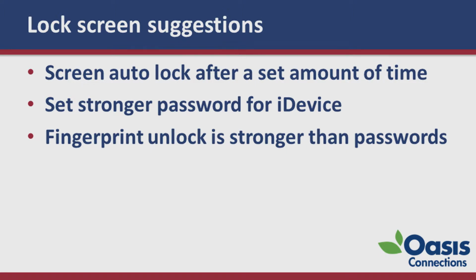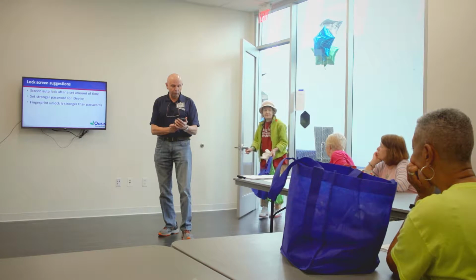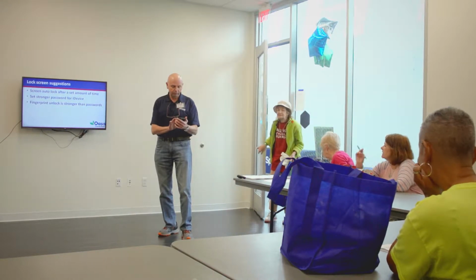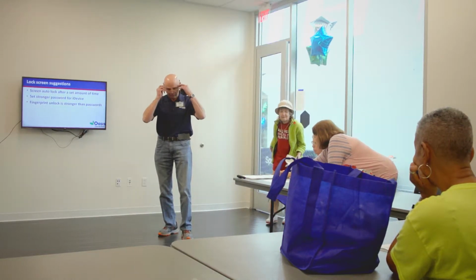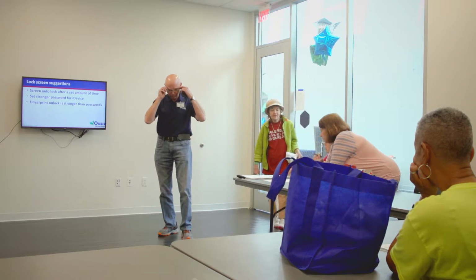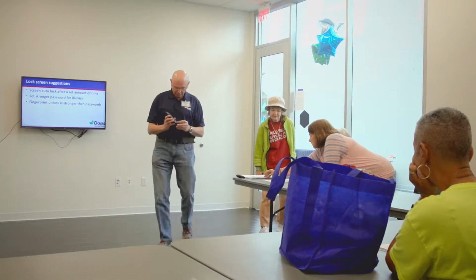The other thing is, you should have your screen auto lock. You can set your screen to where it never locks automatically, but that's another feature that's not going to be safe and is not going to be secure. So to do that, I'm going to give you a general overview here on how that would work. I would go to settings.